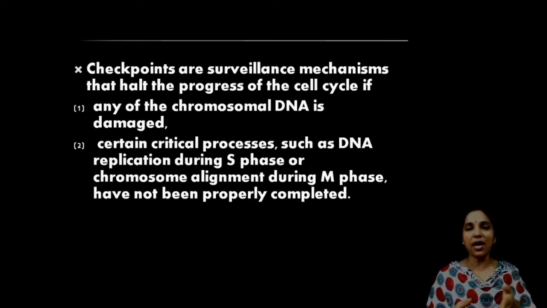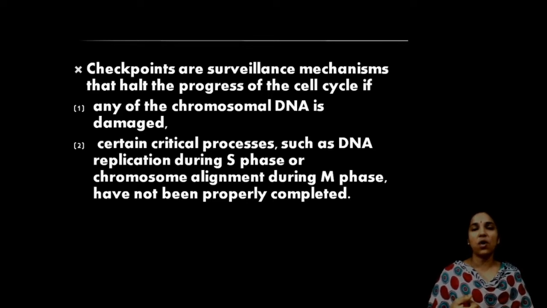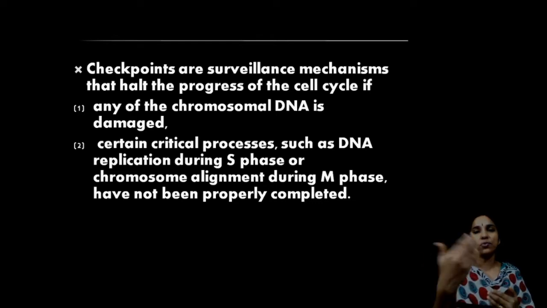You know, when we are traveling from one state to another state, there are certain checkpoints or checking areas. They check whether our license and our papers, everything, is perfect, and only then will they allow us to go outside.